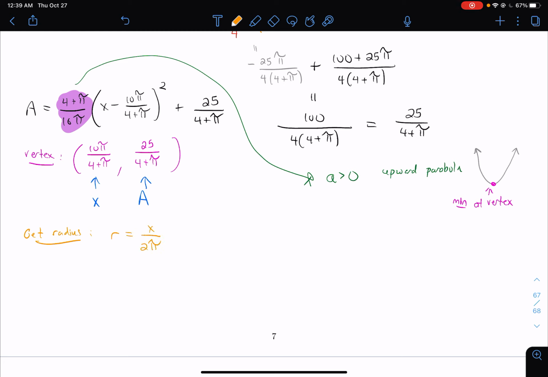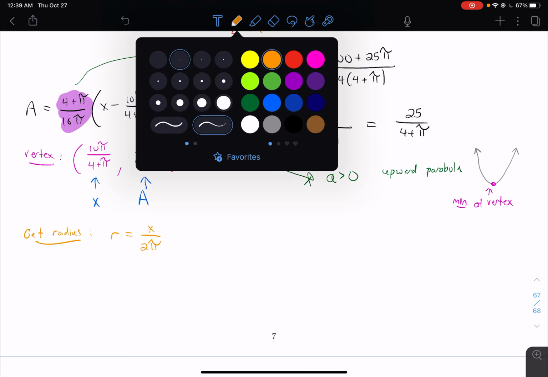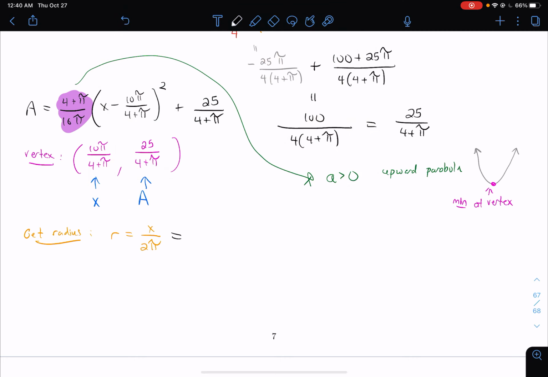I know what x is, so I'm going to plug it in. x is 10 pi over 4 plus pi. When I divide by 2 pi, that's the same thing as multiplying by 1 over 2 pi. This can be simplified. I can cancel pi's, and with the 10 and the 2, I can cancel those a bit.